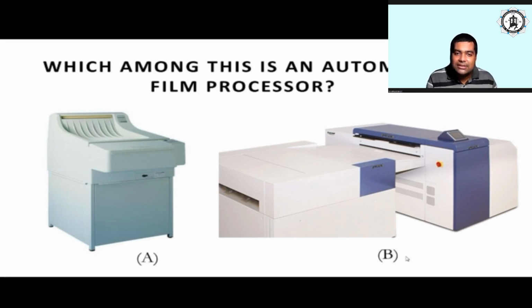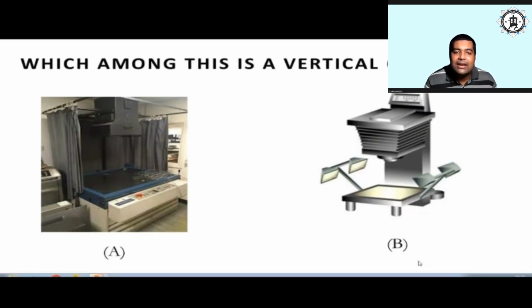There are two images, A and B. What is A and what is B? So not only answer that question, but also proactively identify the other image given in this picture. I hope you will find this small exercise interesting.